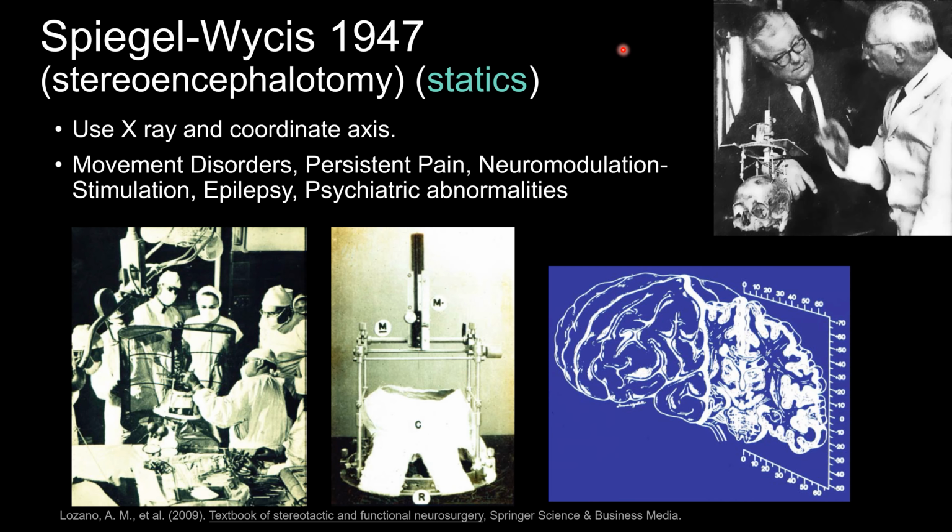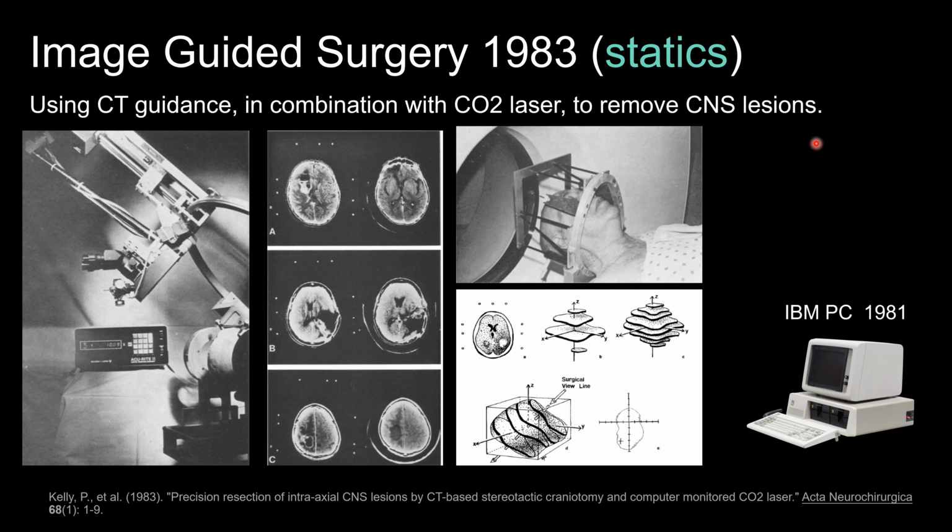So we come to 1947, when we have the X-ray. They used the X-ray and the coordinate axes on the human skull, put the person's head here, and took X-rays to locate where the neural section they wanted to reach was. Then we come to 1983, when the CBCT was invented.